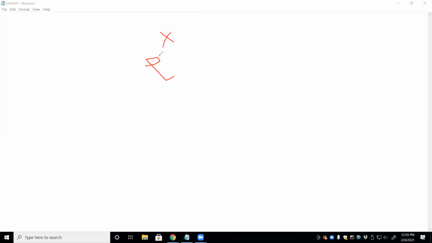E to the x. The most unique thing about it? It's the only function in the world whose derivative is the same. If y is equal to e to the x, y prime is also equal to e to the x. And there's no other function that does that.